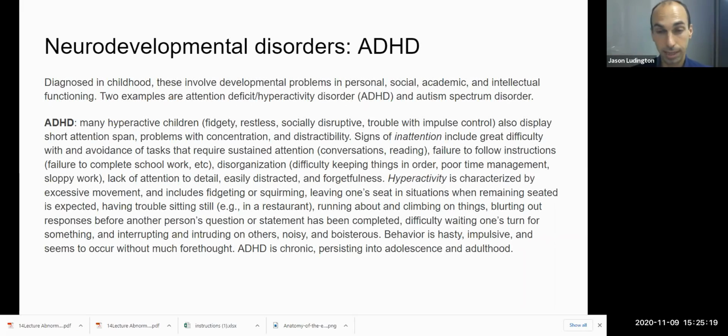Reading might be hard because that requires sustained attention to make sense of what you're reading. Failure to follow instructions, such as completing schoolwork. Disorganization, such as having a hard time keeping things in order, poor time management, sloppy work. There's lack of attention to detail, becoming easily distracted and forgetful. Forgetfulness is to be expected because to remember something requires a lot of attention. If you don't pay attention, you don't remember.